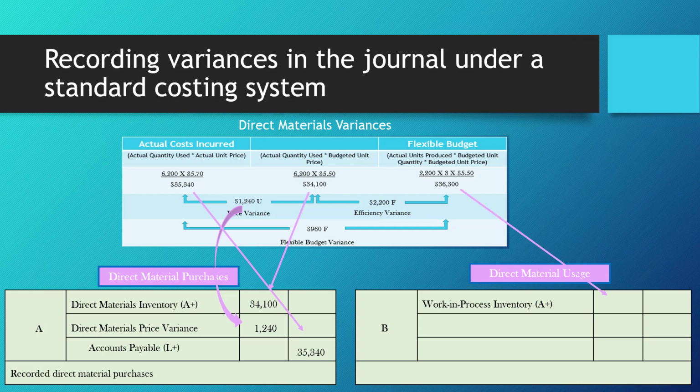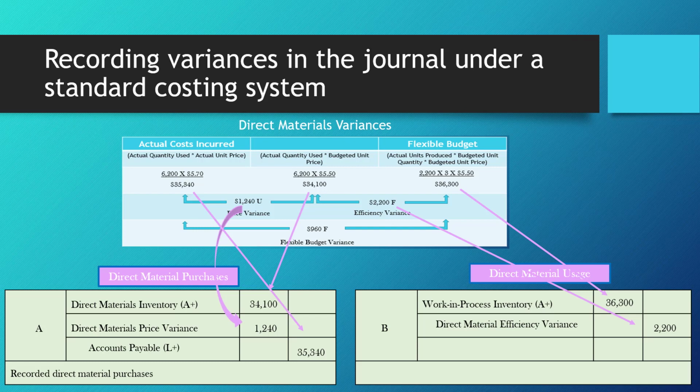If we used 3 square yards of wicker for each chair, and each yard cost us $550, then making 2,200 chairs should have cost us $36,300. It obviously did not, because we had an efficiency variance for direct materials of $2,200 according to our calculations.